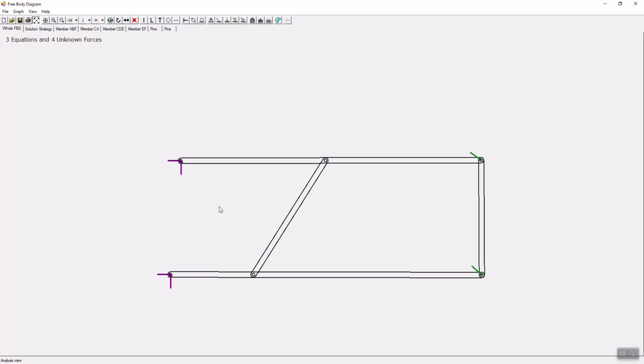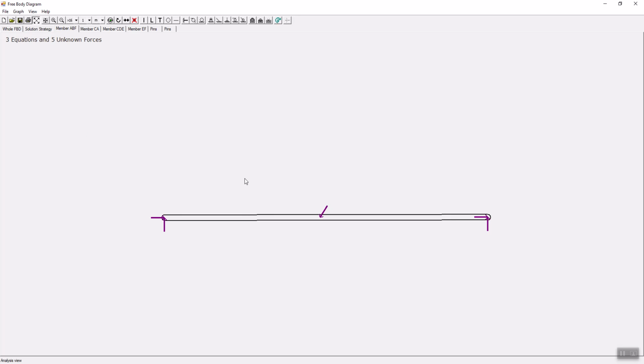We cannot solve this free body diagram because we can write only 3 equations, whereas we have 4 unknowns. We can write 3 equations, 2 force balance equations and 1 moment balance equation, and we have 5 unknowns. Same thing here, 3 equations, 5 unknowns.